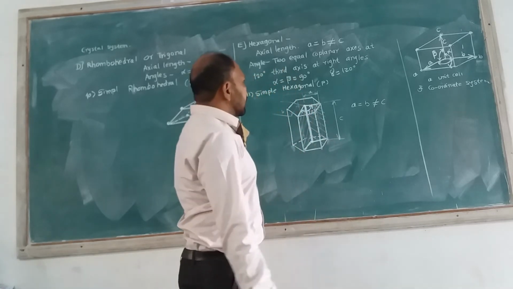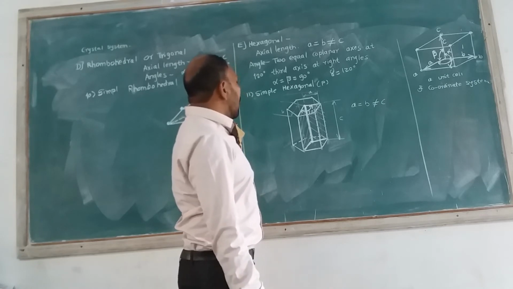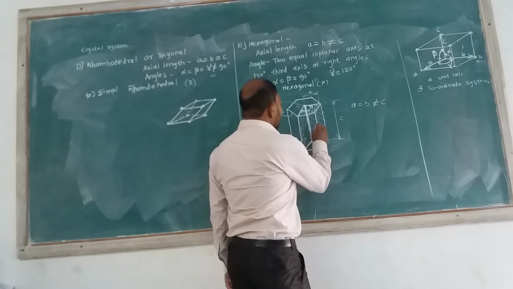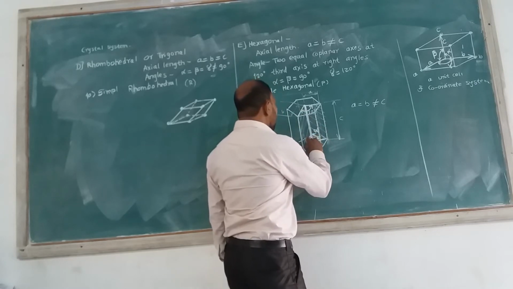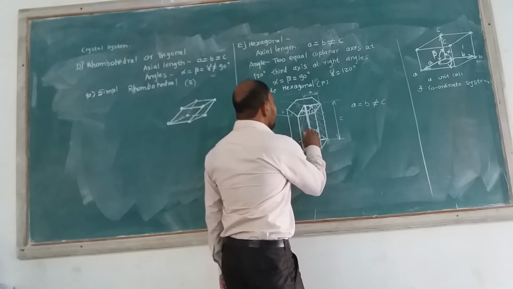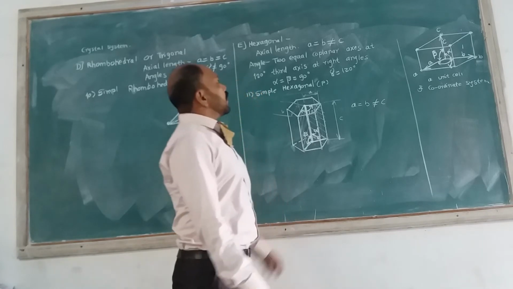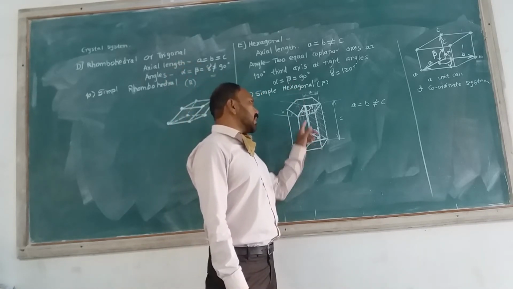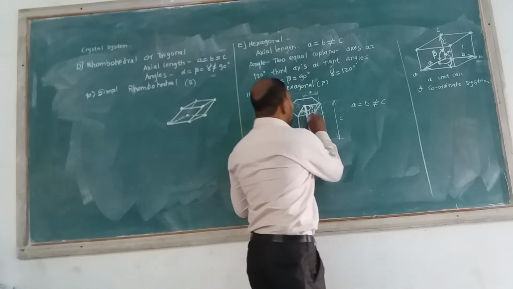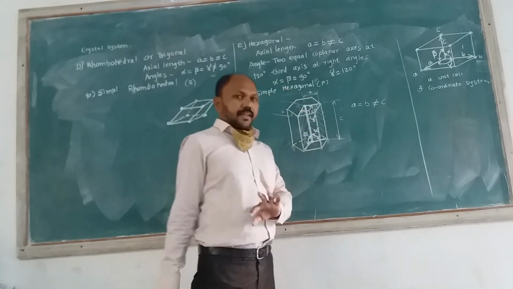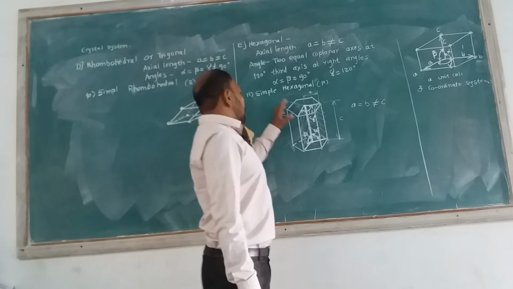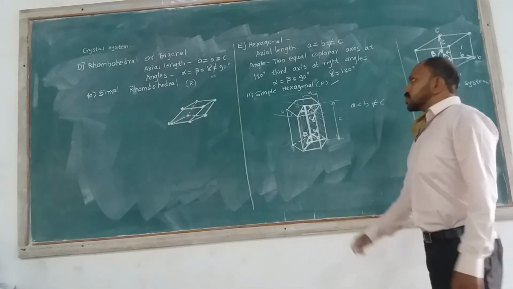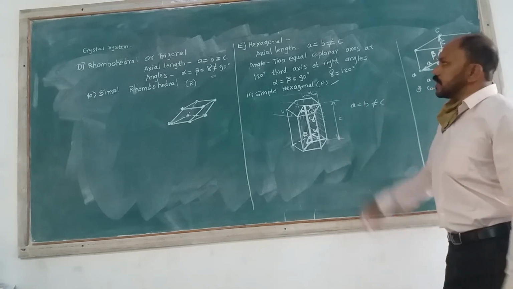But if we consider angle alpha and angle beta, these angles become 90 degrees. Alpha is 90 degrees, beta is 90 degrees, but angle gamma is 120 degrees. So the shape is like this. This is called a simple hexagonal shape, and it is represented with the symbol P.